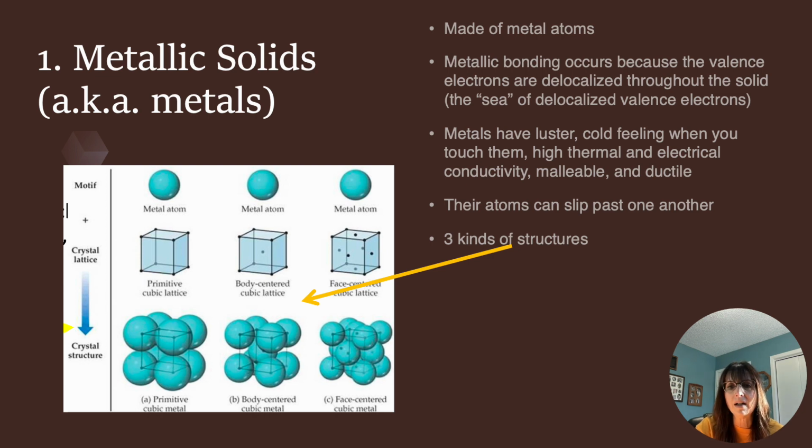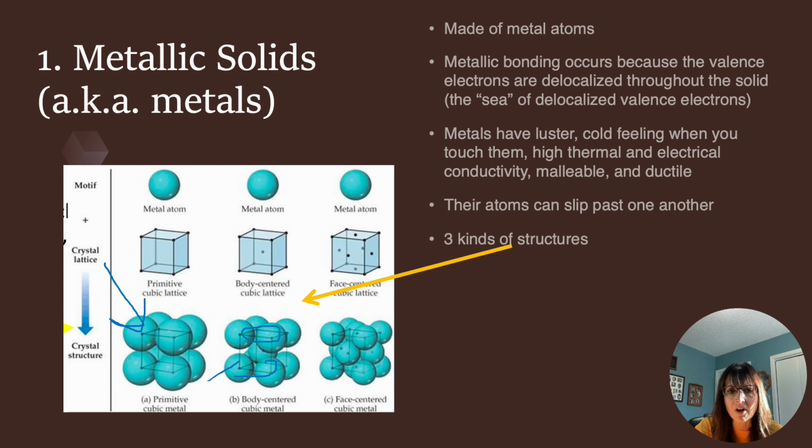And I know it's not the easiest to see here, but if you look, if I can make my pen work here. So right here in the primitive, we have 1, 2, 3, 4, 5, 6, 7, hard to see, but 8. There's only 8 atoms and they're all at the corners. In the body-centered, you have those 8 again, 4 there and 4 in the bottom.